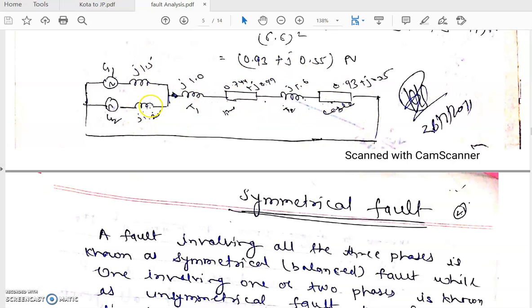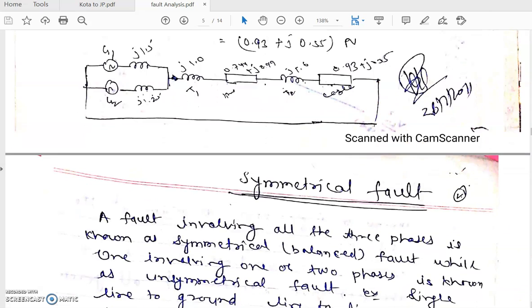These two reactances are in parallel, and generators G1 and G2 may be taken outside of this, because the ratings are the same, 1 angle 0, so we can distribute them outside this system as a single 1 angle 0 generator. So source redistribution may be performed here, and we can say that these are in parallel. Then the parallel combination of this and this will become an equivalent impedance, and we can calculate the current in that line. So it depends upon the network.